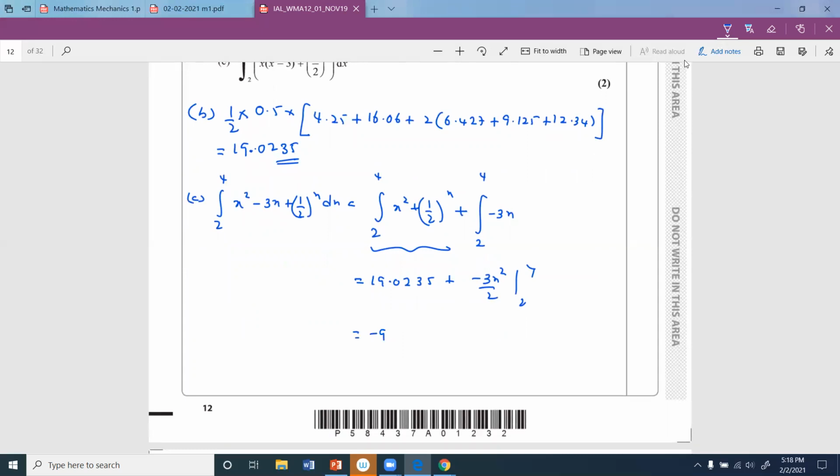It comes to 19.0235 plus this, which is minus 3 over 2 times 4 to the power 2 minus 2 to the power 2. From here you can obtain the answer for that.